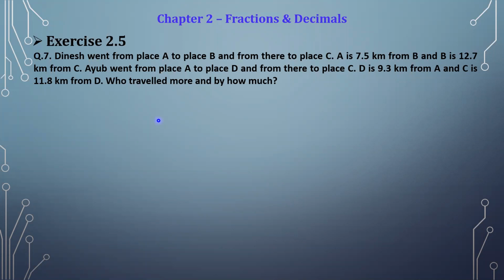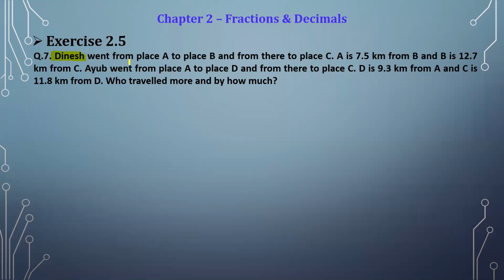Now, if we consider the particular example, it is given like this: Dinesh went from place A to place B. So here one person is there whose name is Dinesh, and he is walking. Suppose he is moving on a bicycle or motorcycle, that condition is not given.